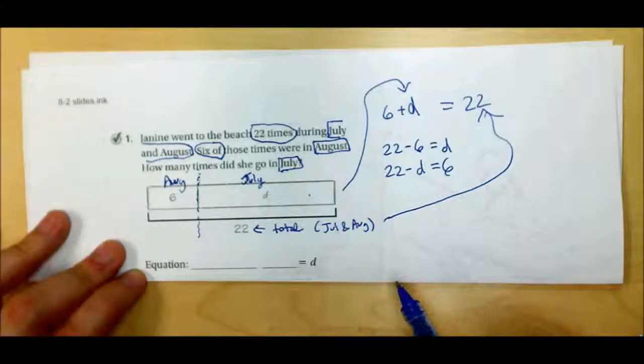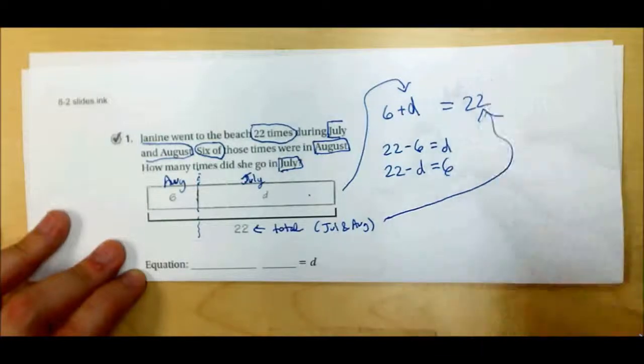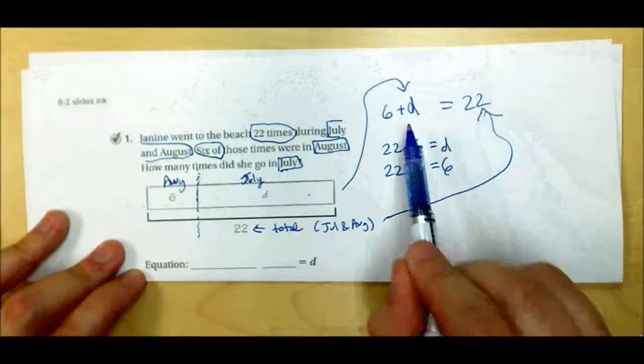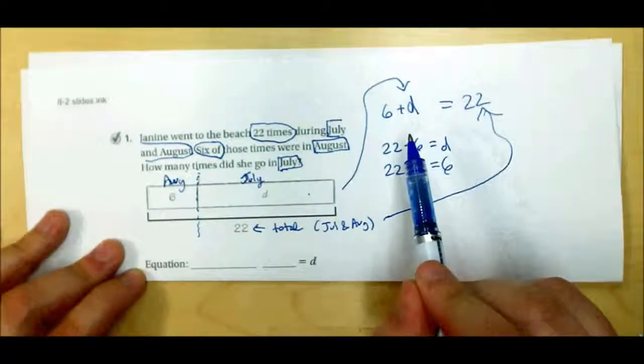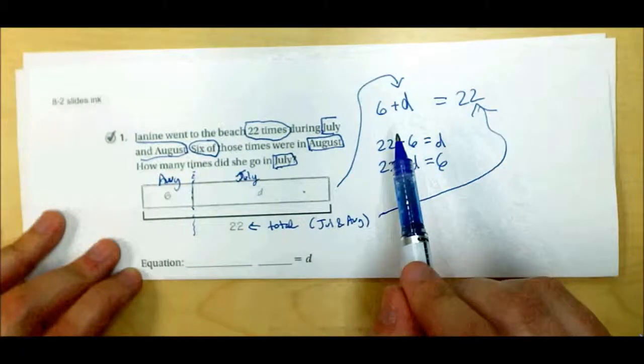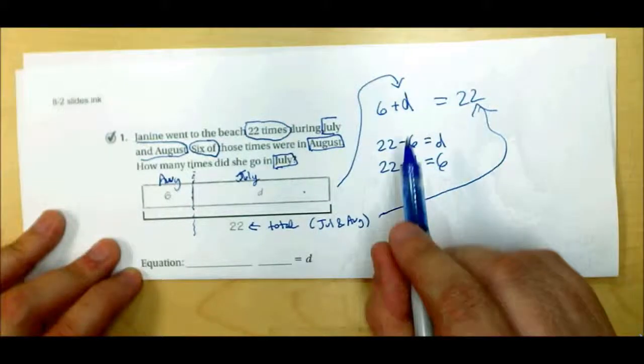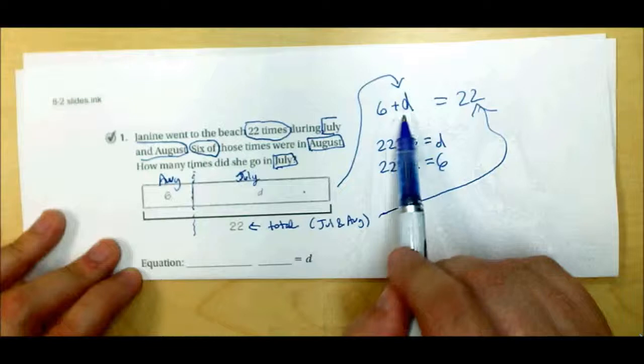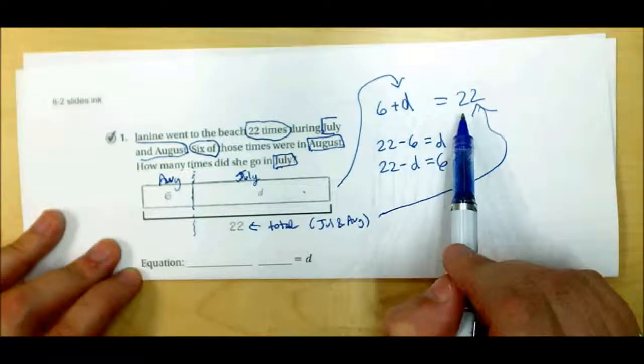So I'm just going to pick one of these. I'm going to pick this one. I have 6 plus D equals 22. Now I need to figure out what D is. Now this is like yesterday's homework, which people pretty much found very easy. All I have to do is think, well, how much would I have to add to 6 to get 22?